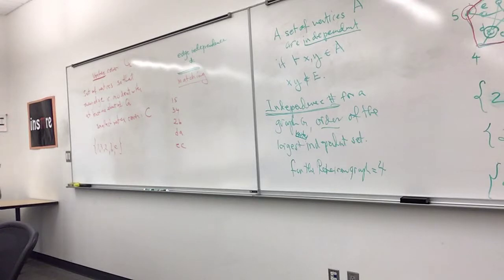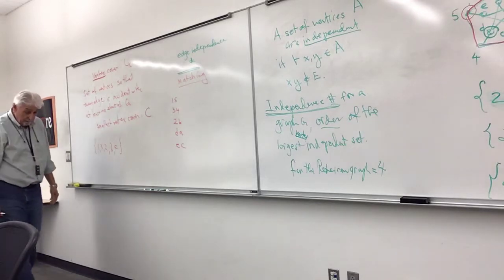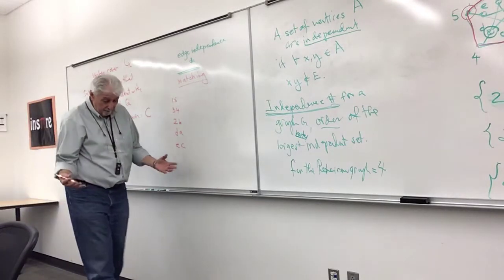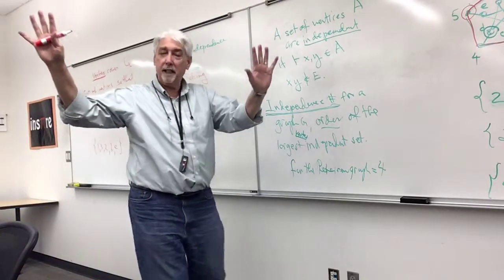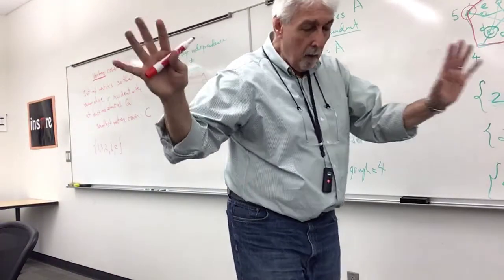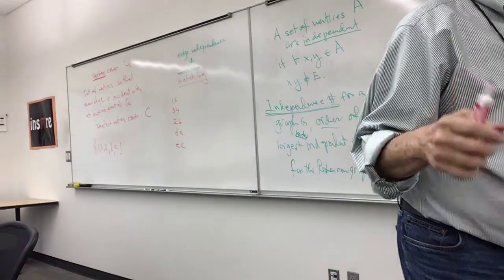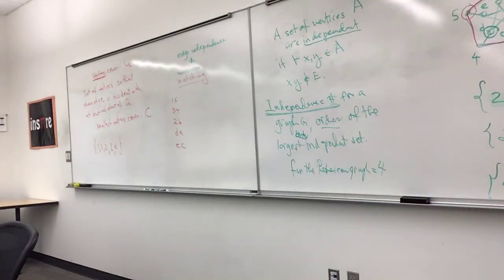It'd be nice if I had 5 vertices. Stop, wait a second. What's the smallest possible it could be? How many edges are there in the Peterson graph? 15. Every vertex covers how many edges? 3.